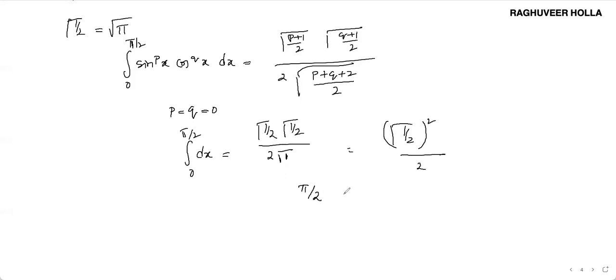So the 2s get cancelled, and gamma half is equal to root pi.